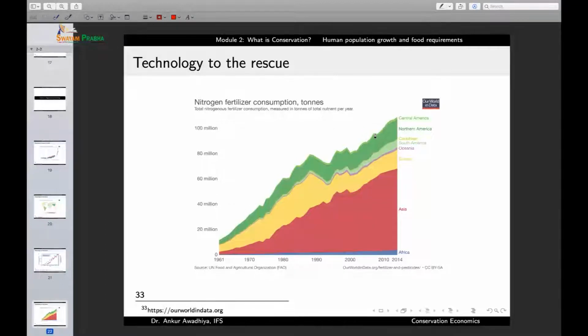You name the continent, you name the area, and they have been increasing. They have been increasing in Asia, in America, in South America, and so on. In the case of Europe, there has been a slight decrease because in certain areas people are now shifting to organic cultivation. But more or less, the trend is unequivocal. The trend has been increasing.